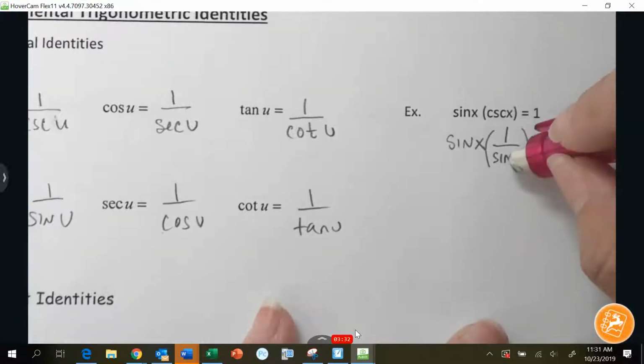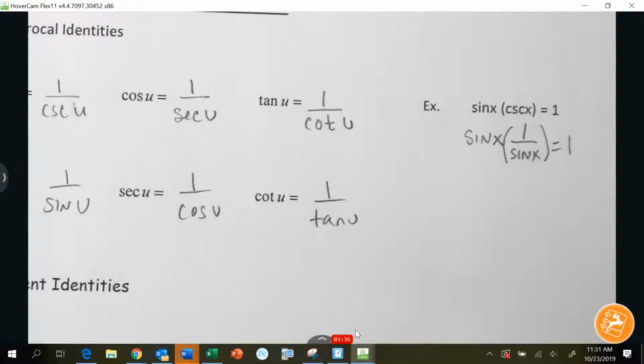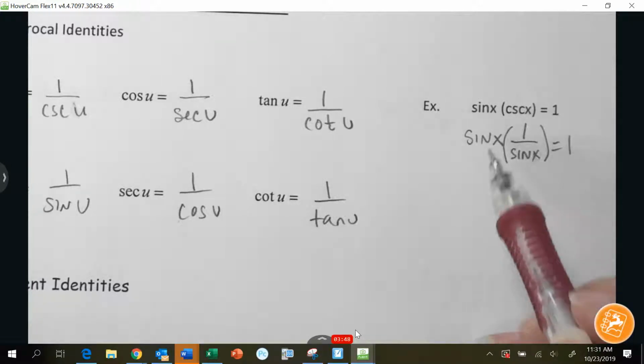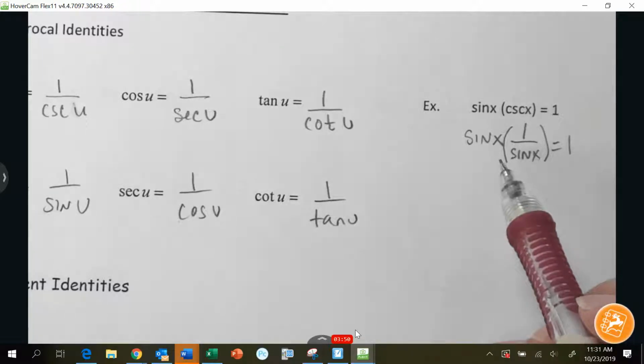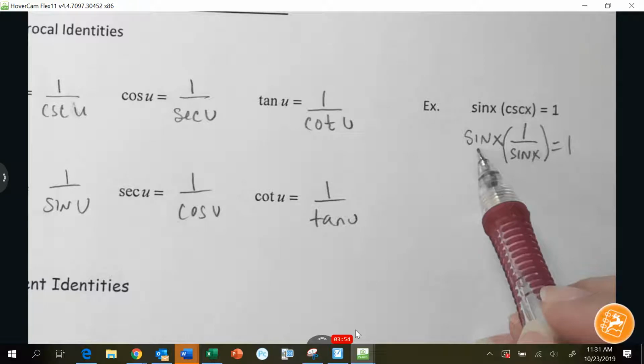Oh, sorry, x. I'm confusing myself. X. Okay, now I am verifying that this equals 1. I'm not solving for anything. I'm just going to show you that it equals 1. So I'm going to keep working on the left side. I'm going to multiply together a whole number with a fraction.